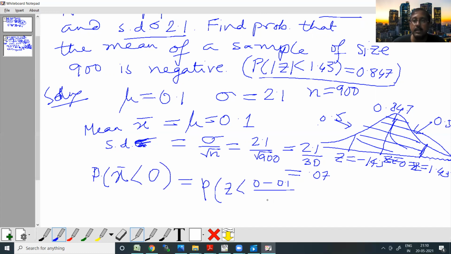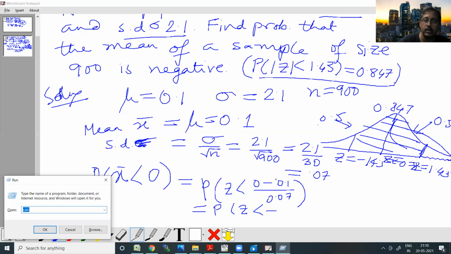What is the standard deviation? 0.07, this is my standard deviation. Now if I do the maths, it's going to be negative. So this is equal to P of Z less than minus 0.1 divided by 0.07.